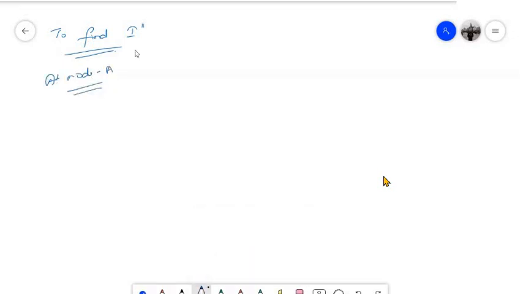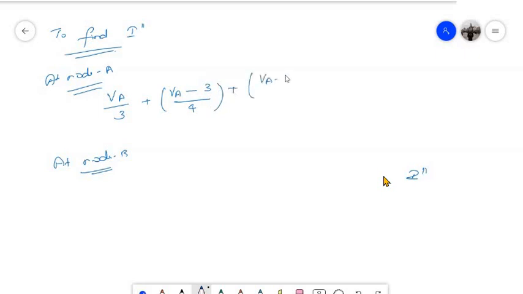So you can analyze node A, you can analyze node B, and then you can finally find I double dash. So I'll be very brief. Let's say if you take node A, again repeating the same steps, you'll be getting around VA by 3 plus VA minus 3 divided by 4 plus VA minus VB by 2.